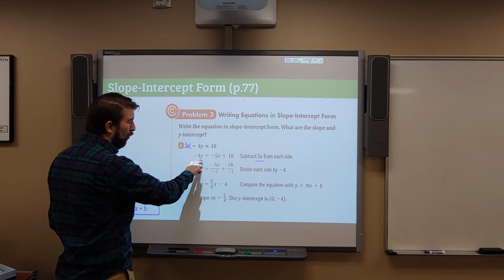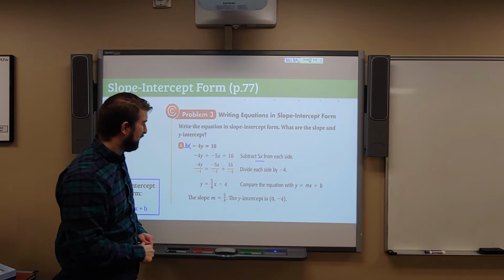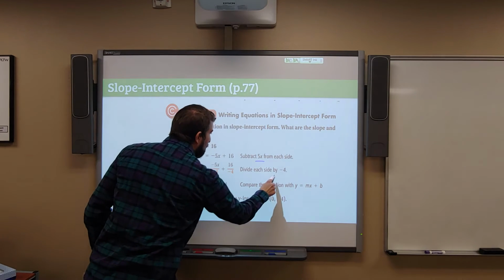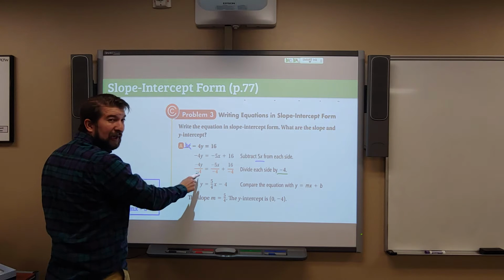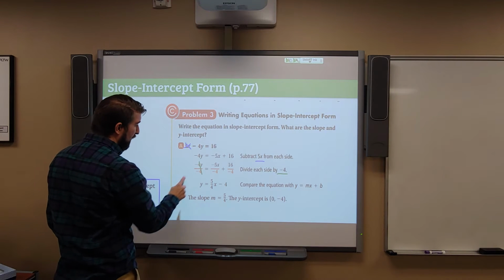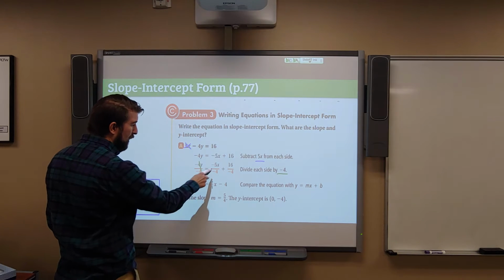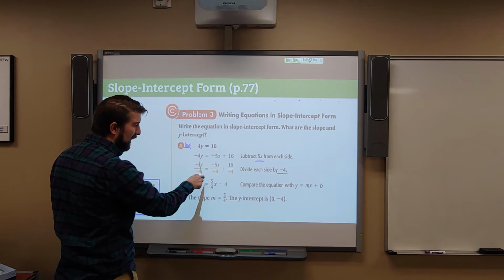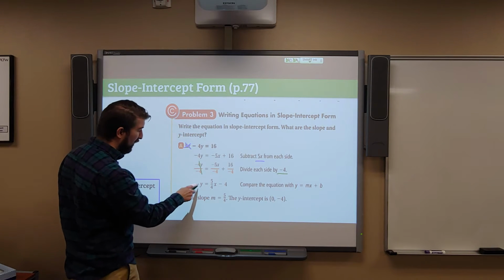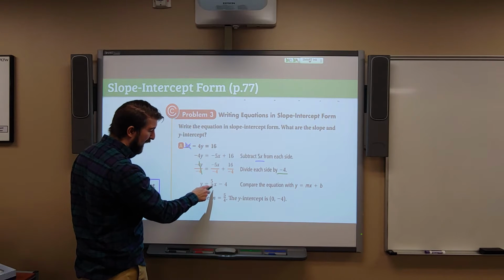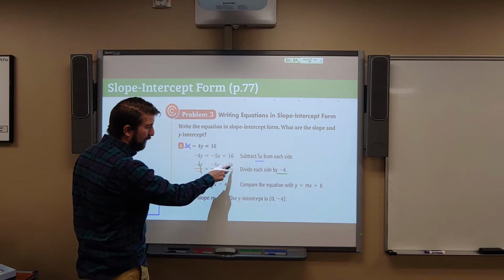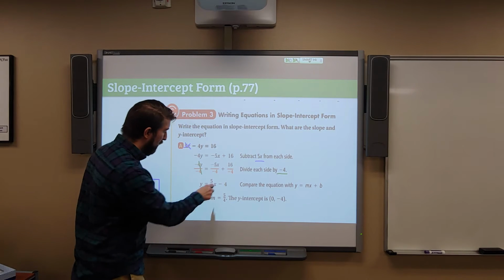And I'm going to have -4y equals -5x plus 16. Then I'm going to divide each side by -4. I've got to get that y by itself. That -4 cancels. I cannot really simplify this other than making this positive because two negatives make it positive. So I get y equals 5/4 x plus, actually minus 4, because 16 divided by -4 is -4.